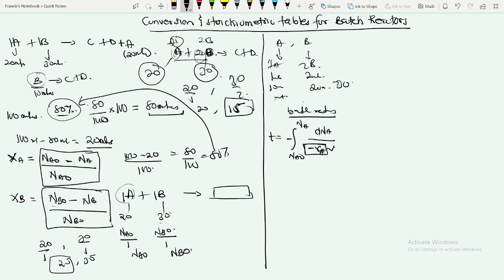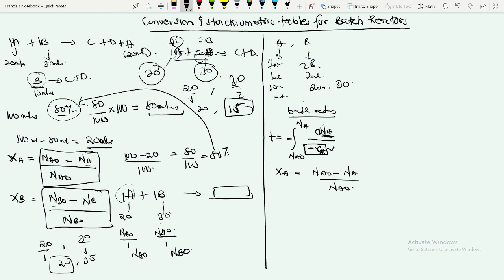So NA here is the moles of A, right? And when you compare that to this, realize that our NA here is actually our moles of A that did not react. So to find our moles of A that did not react, from this, conversion is equal to NA naught minus NA all over NA naught.